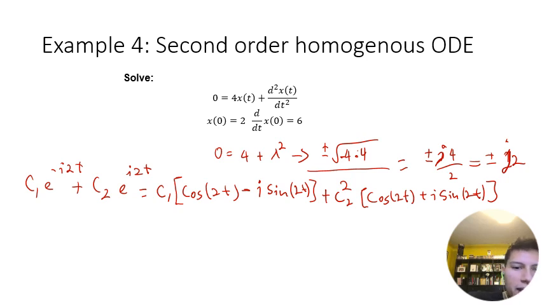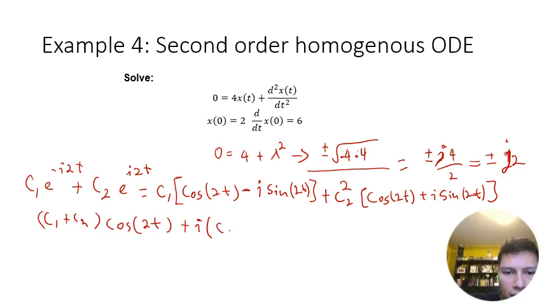So we're going to get basically (C1 plus C2) cosine 2t plus i (C2 minus C1) sine 2t. And we're just going to call this number B1.